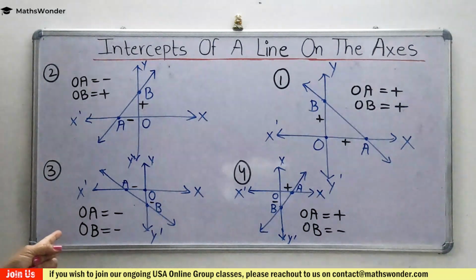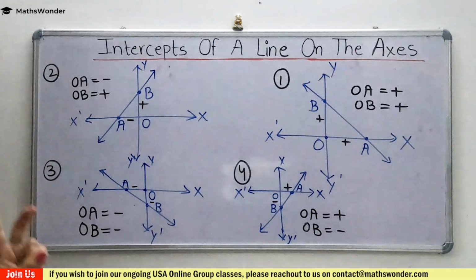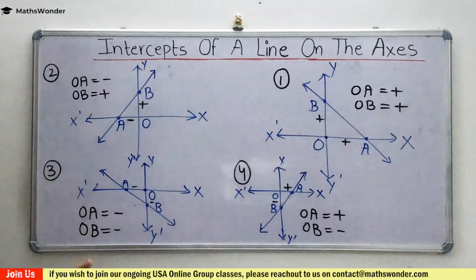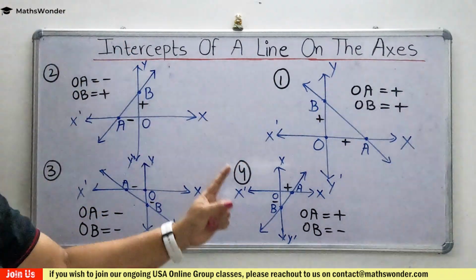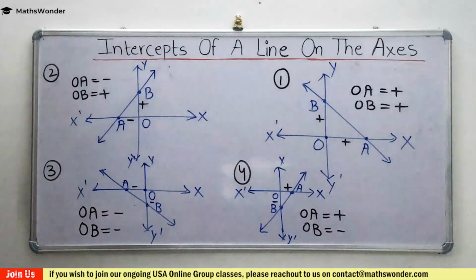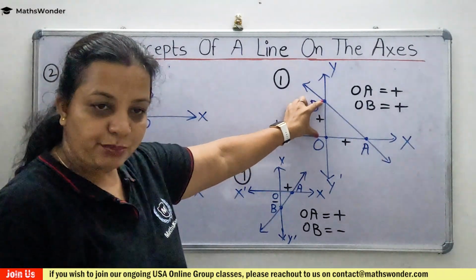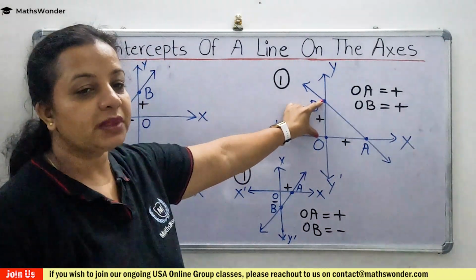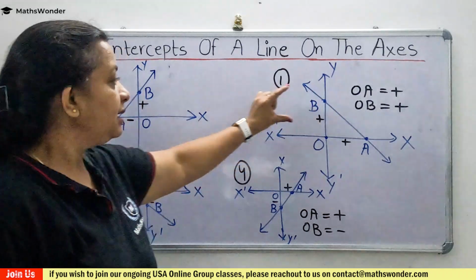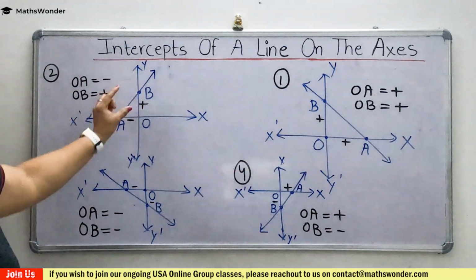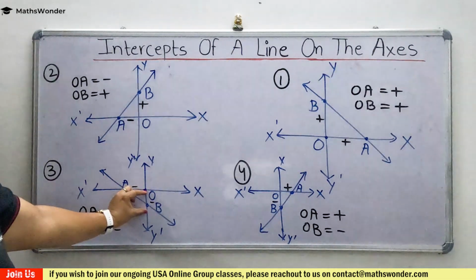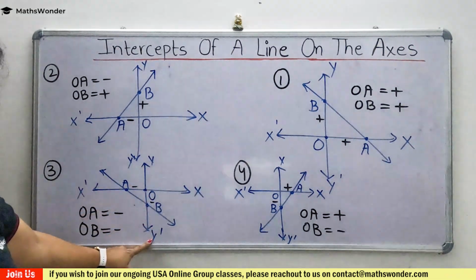So OA is positive or negative according as A lies on OX or OX dash respectively. You can see in these 4 diagrams. Similarly, OB is positive because it lies on the positive axis, right? Here OB is negative because it lies on OY dash, right?